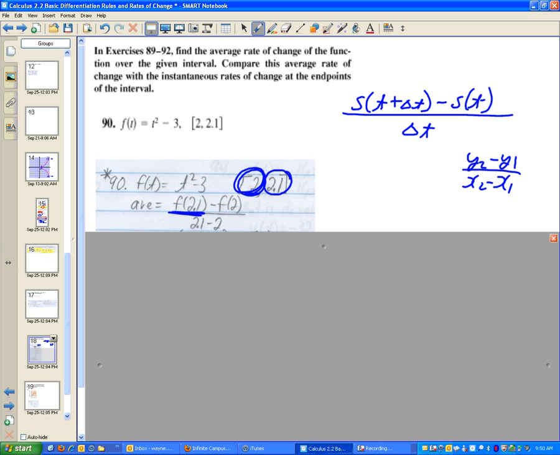So the change in position is going to be where we ended minus where we started. So f of the time we ended minus f of the time we started. Does that make sense? Because I never phrased it quite like that before. T is x. Yep.